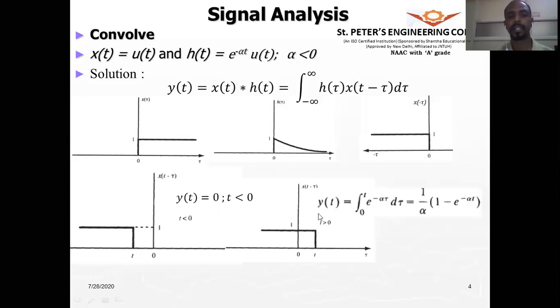So we have computed the output in this problem: the convolution of these two signals, x of t with h of t, is y of t, which is equal to 1 by alpha into 1 minus e to the power of minus alpha t.